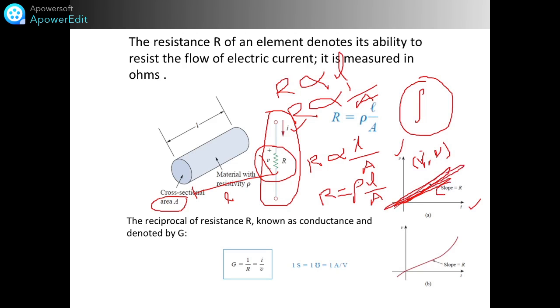Its slope gives the value of the resistance. This is the VI characteristic of the resistance. I forgot to mention that resistance is measured in ohms. The ohm symbol is denoted like this.